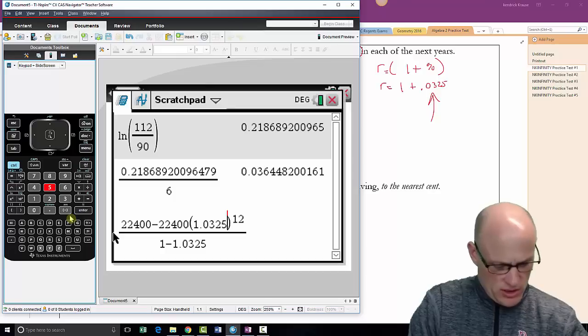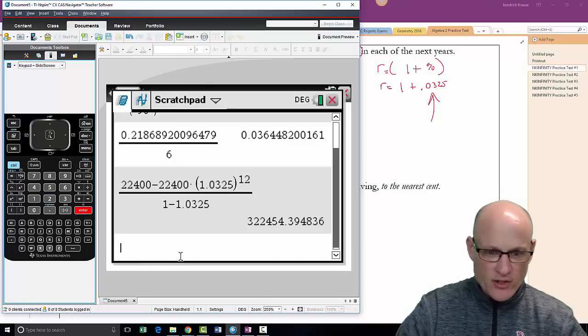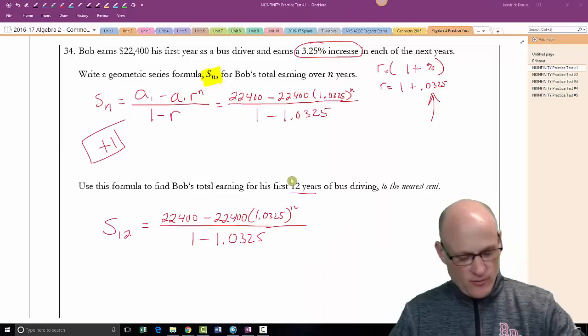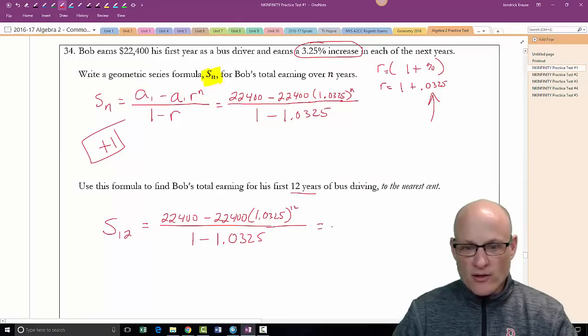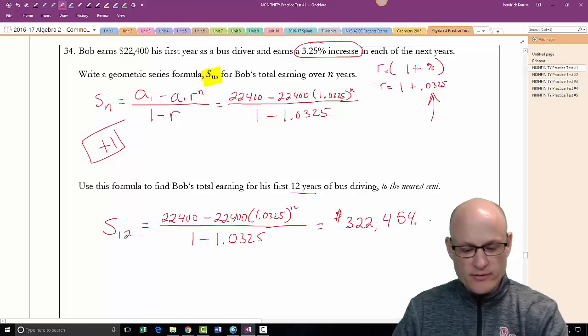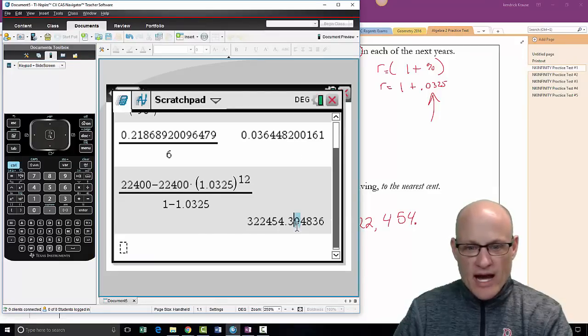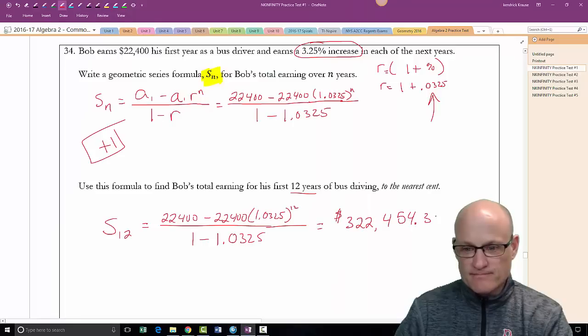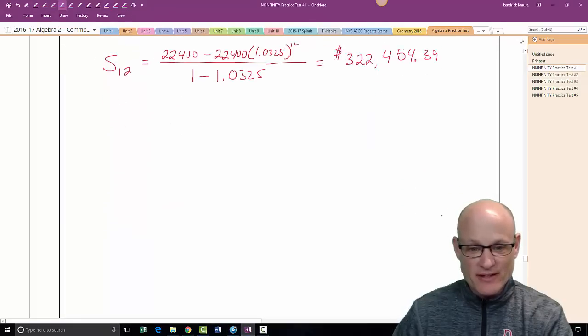So 1.0325. There it is. So I get 322,454.39. The 4 I'm not going to round, so it's just 0.39. That's it, kids. That's all she wrote for that sucker.